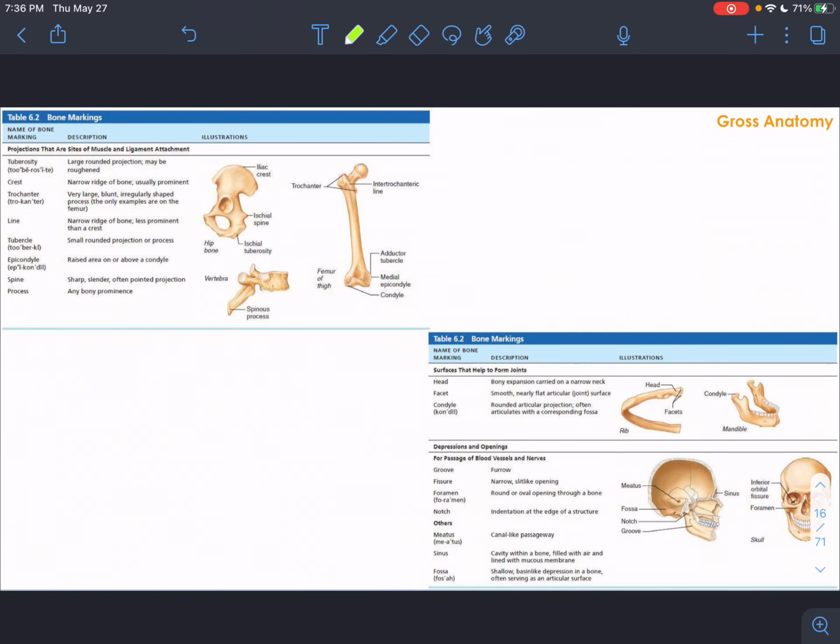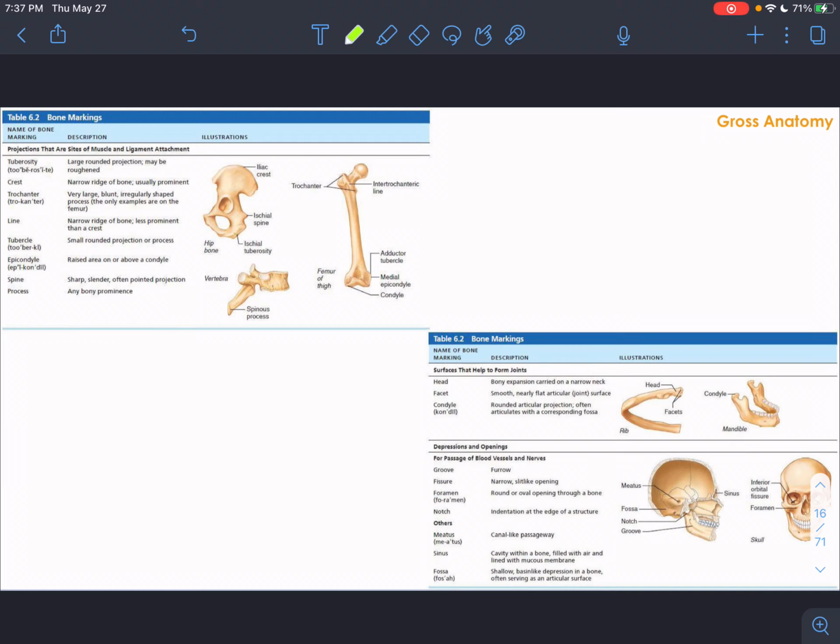And you'll talk about this in a lot more detail in lab. So I'm not going to get into all of these right now and waste your time because you're going to learn all of these in lab. But these are all the different markings that you're going to need to know. So you should know the description of them, of the different terms. And then also in lab, you're going to need to know the specific ones.